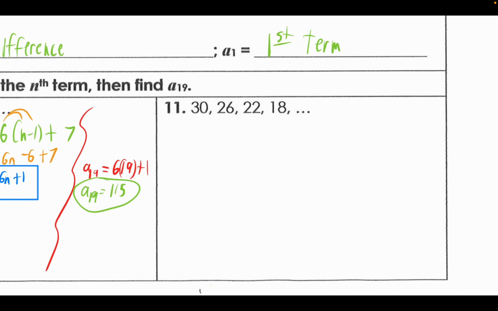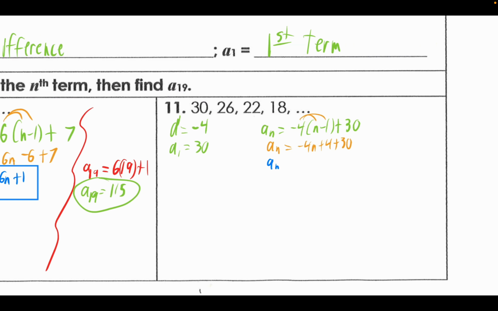Number 11, our common difference here is negative 4, and our a sub 1, our first term, is 30. So plugging this into the formula, we have a sub n equals negative 4 times the quantity of n minus 1 plus 30, the value of the first term. If I distribute the negative 4, I get a sub n equals negative 4n plus 4 plus 30.